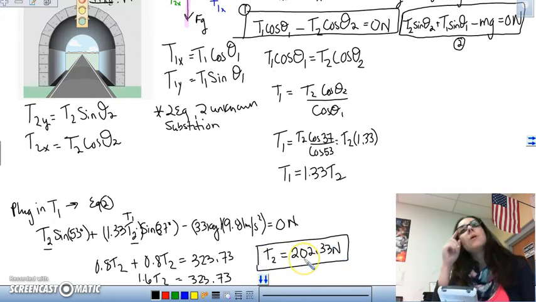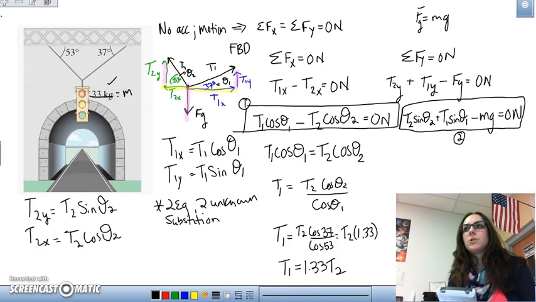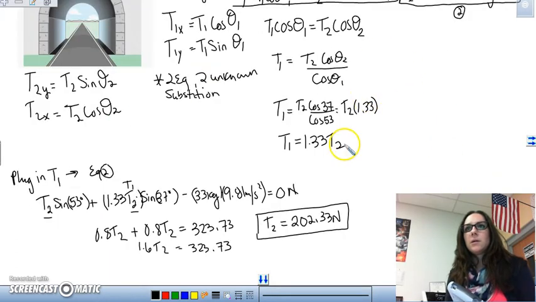So that's the tension of the second one, which I defined as this one, so that was T2 right here. Now let's find T1. Well, for T1, we have this nice relationship already, which is kind of nice, like I said.